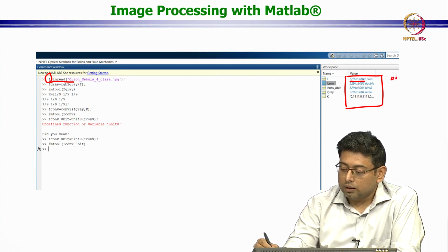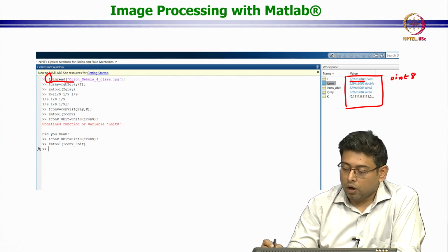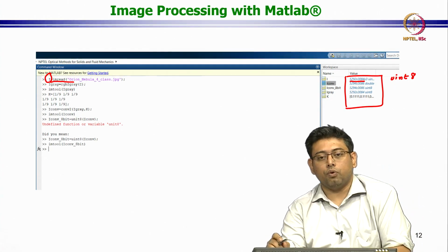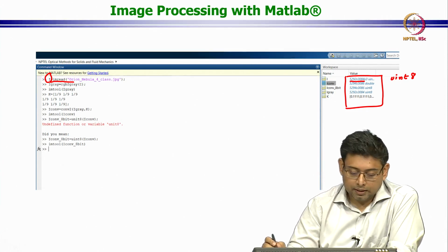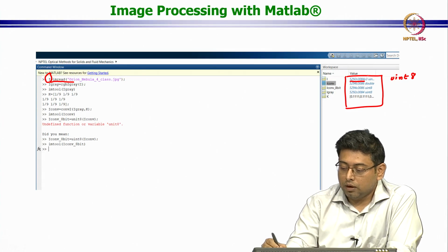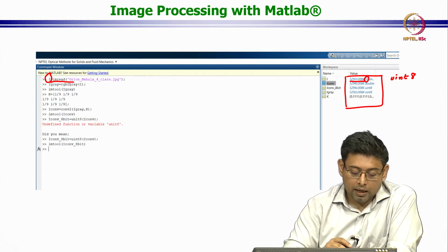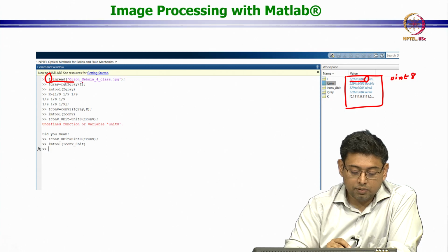Okay, so what this means is that it's an 8-bit image. So a pixel can take a maximum value of 255 and a minimum value of 0. Now this is actually a color image, as you can see from the entry of 3 right here. So then we go ahead and use the command rgb2gray to convert this matrix I into a grayscale image.